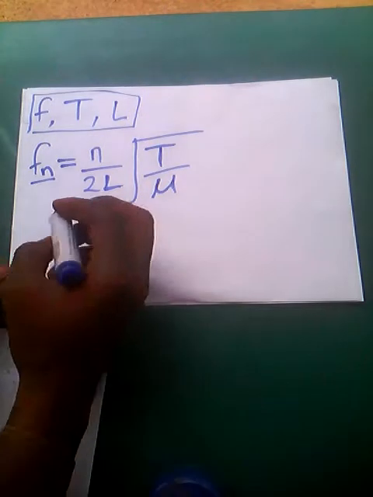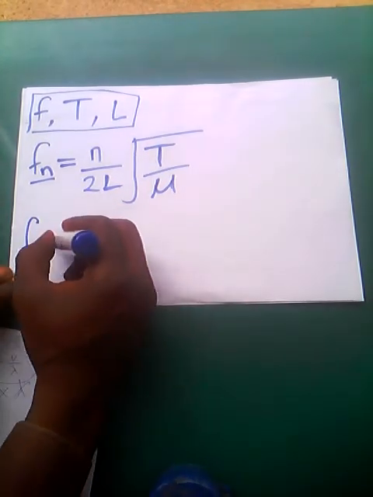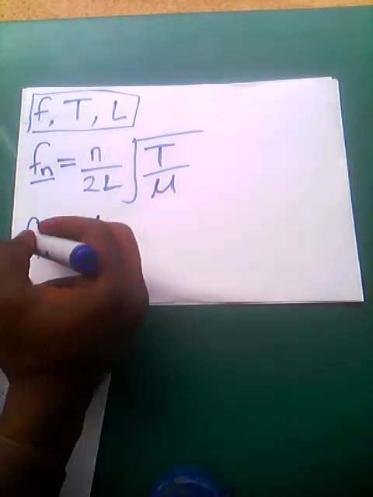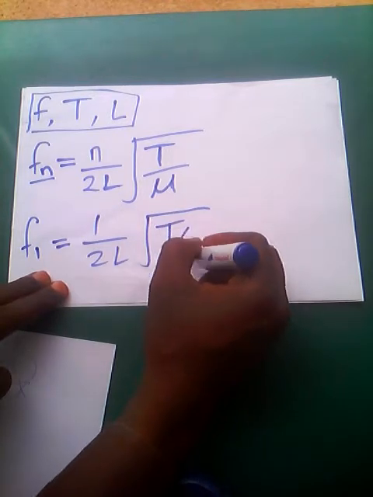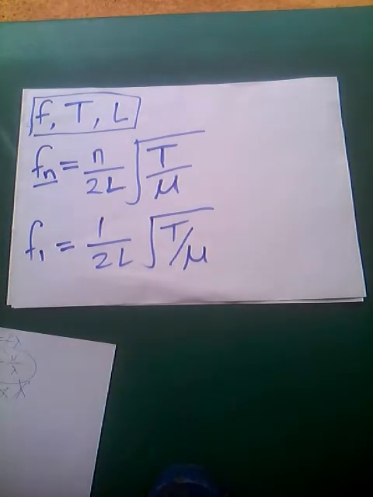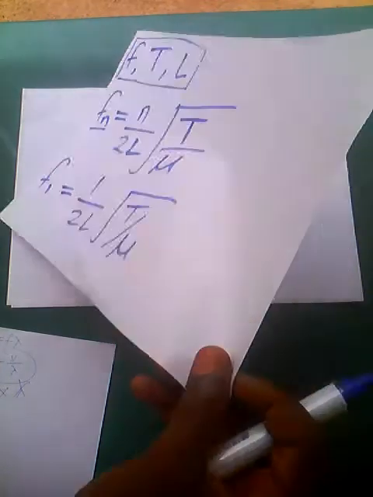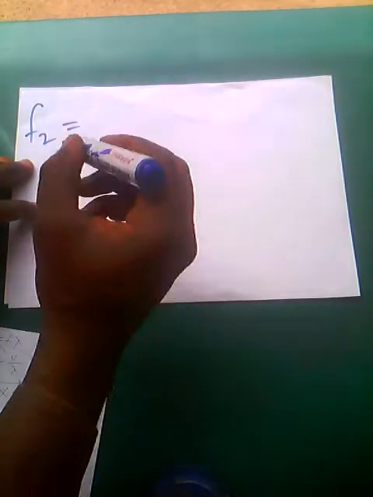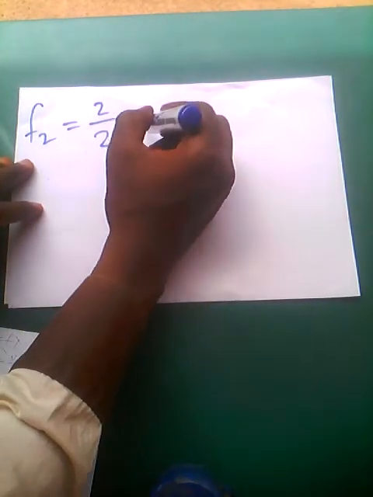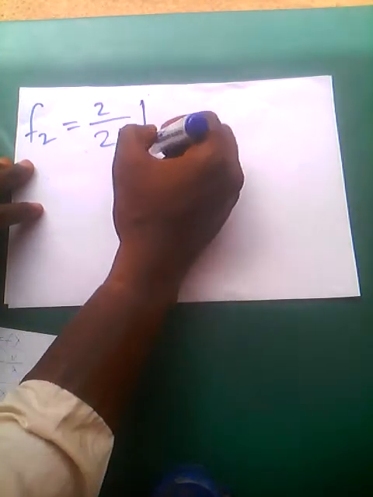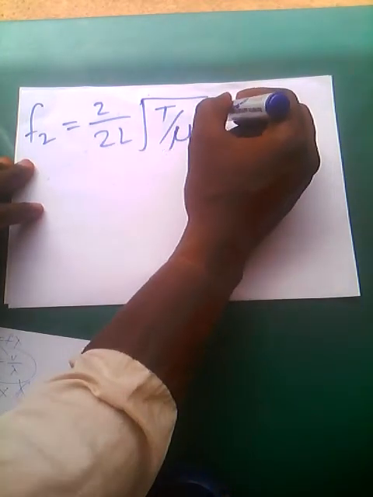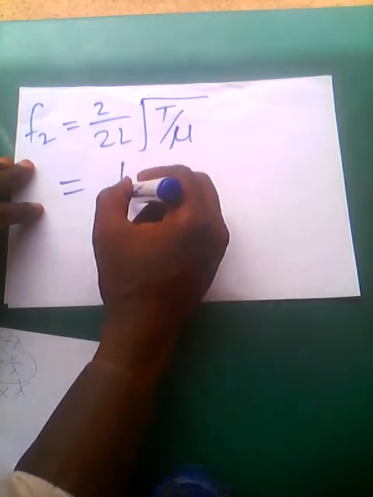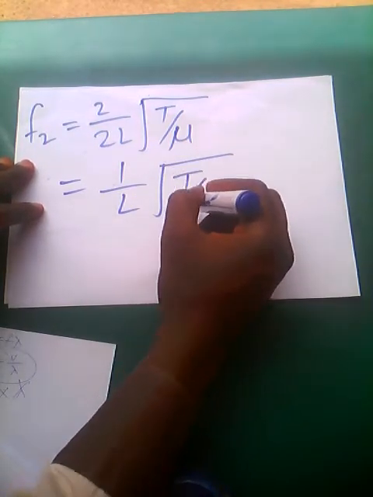Now, for instance, if we have F1, then n is 1, so the equation becomes 1 over 2L root T over linear density. Or if we have F2, then we have 2 over 2L root T over linear density, and that will be equal to 1 over L root T over linear density.